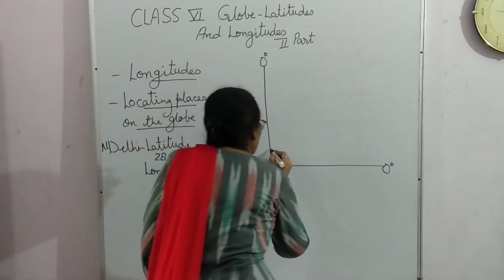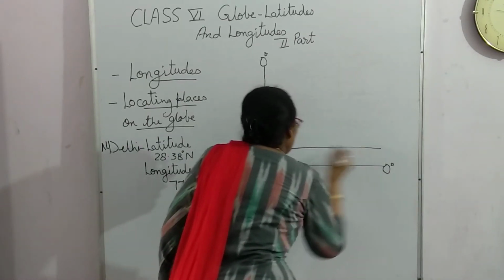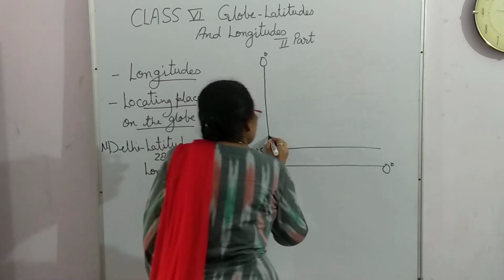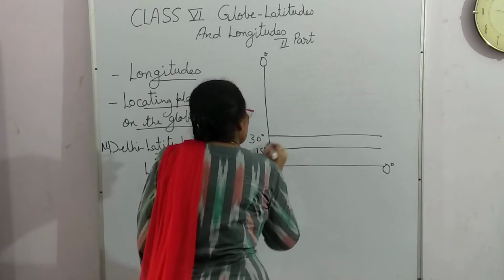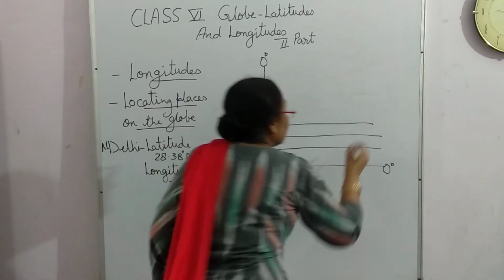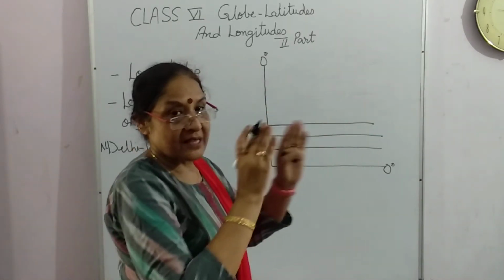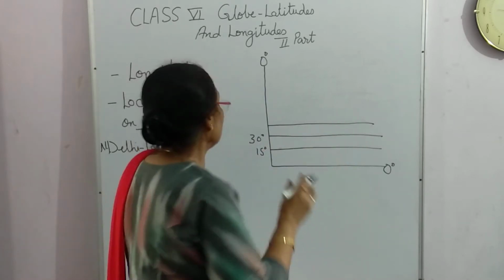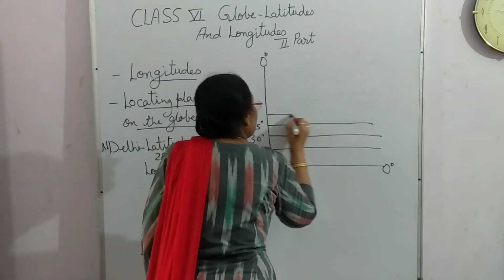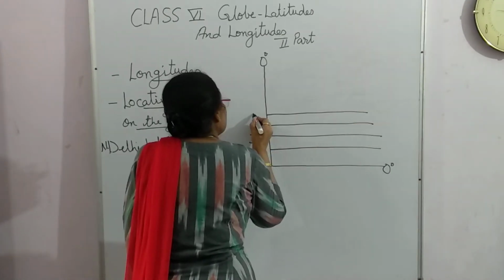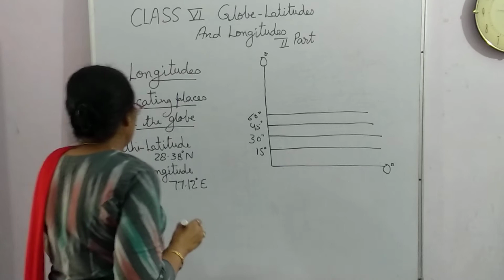Clear? Now this is 15 degree, this is 30 degree. All these horizontal lines are known as latitudes: 30, 45 and 60 degrees.